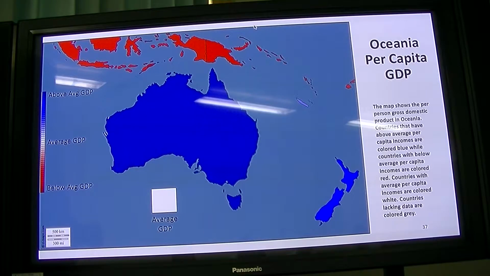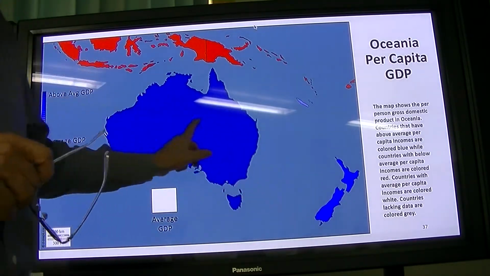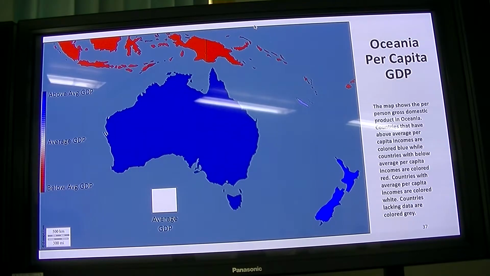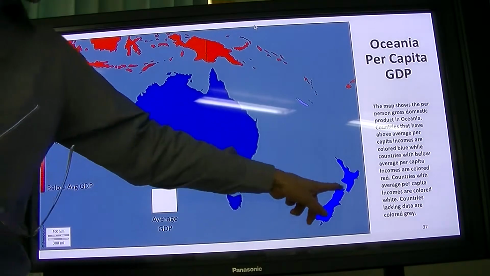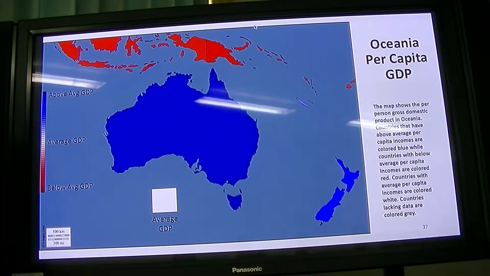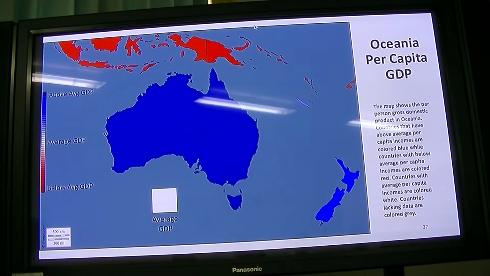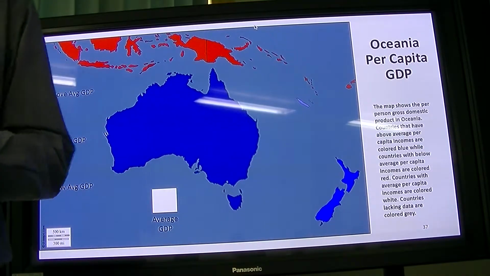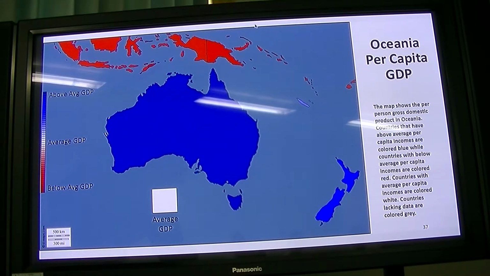That's New Zealand, a little bit lower income than Australia, still relatively high, but not quite as high. Australia is one of the richest countries in the world. Again, it's natural resources and agriculture. Both of them have a lot of agriculture as well, kind of natural resource-based economies.